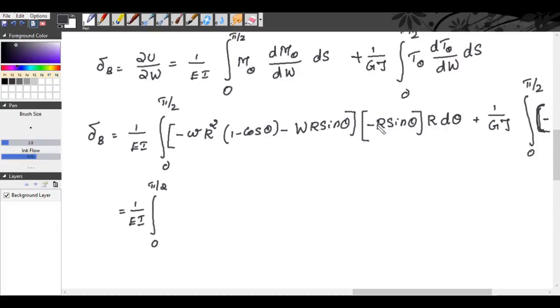We will multiply this minus r square sin theta together. We will bring this to this.